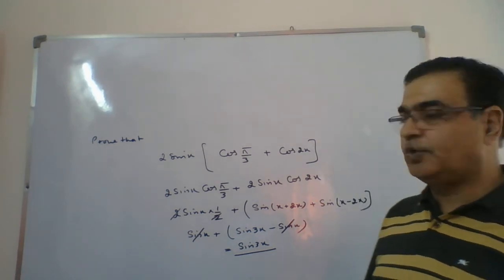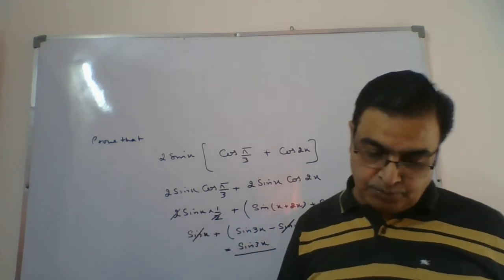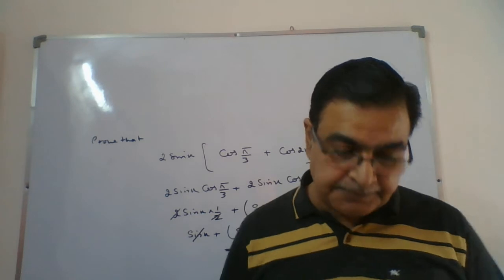So not a difficult one. A few questions I have done in the June class also. This is one more question we are taking. Now coming to the next question please.